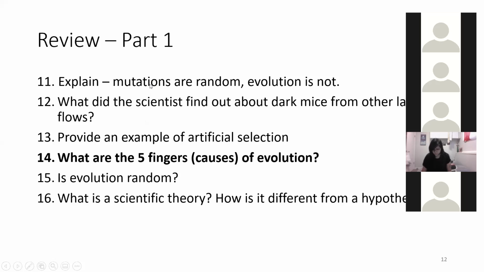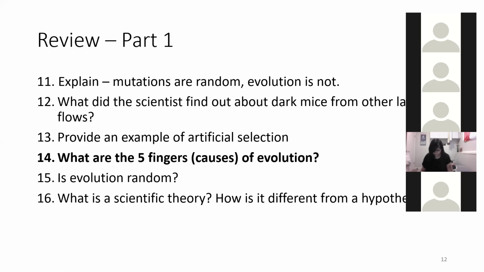All right, so mutations are random, evolution or not. I can't emphasize enough that you really want to watch that rock pocket mouse video because it's a really good explanation. So the idea is mutations just happen. They're neither good nor bad, but how those mutations work in the environment is what evolution is about. So evolution isn't random.